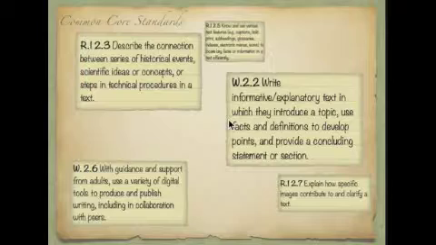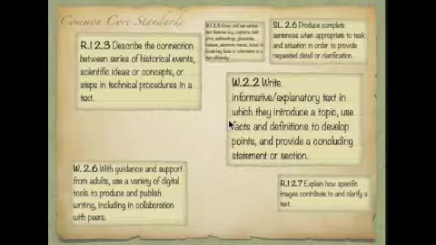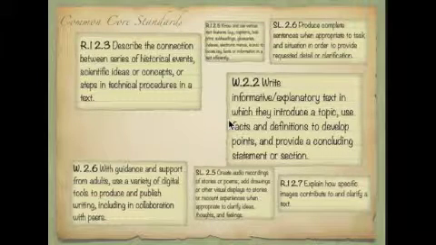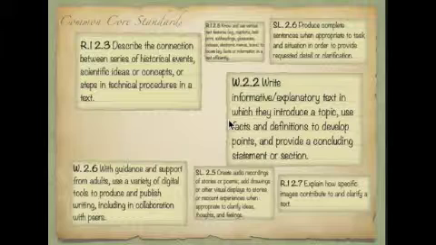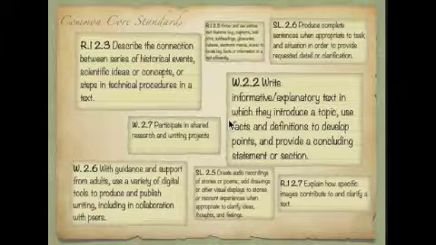Write informative, explanatory text in which they introduce a topic, use facts and definitions to develop points, and provide a concluding statement or section. With guidance and support from adults, use a variety of digital tools to produce and publish writing, including in collaboration with peers. Participate in shared research and writing projects.